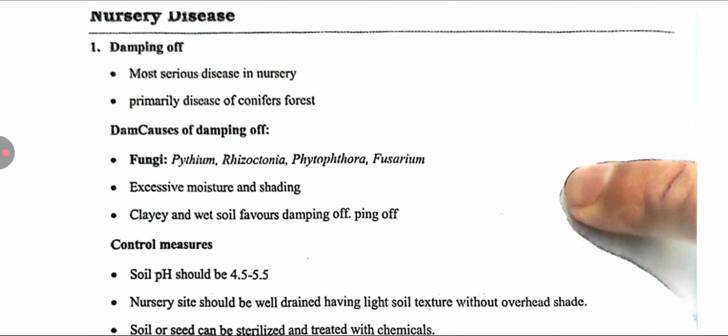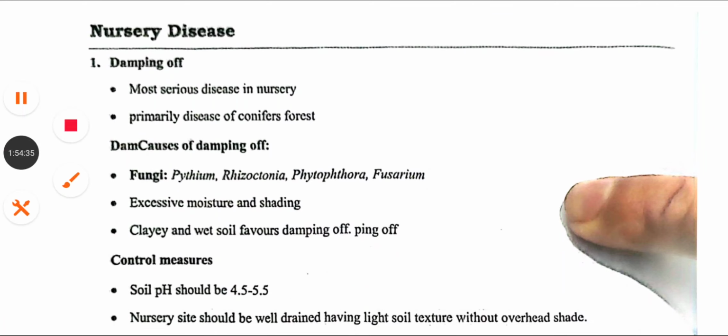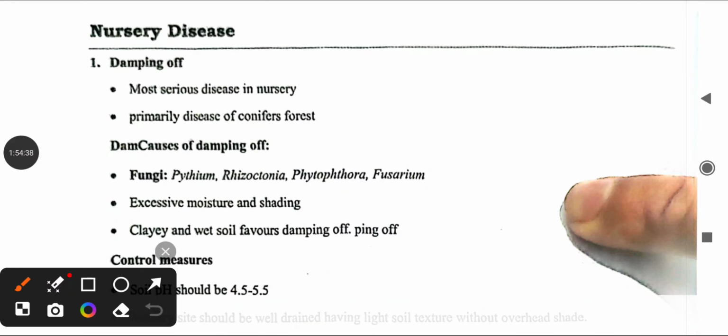Nursery disease. Damping off is the most serious disease in nurseries and the primary disease of conifers. The cause of damping off is fungi: Pythium, Rhizoctonia, Phytophthora and Fusarium.